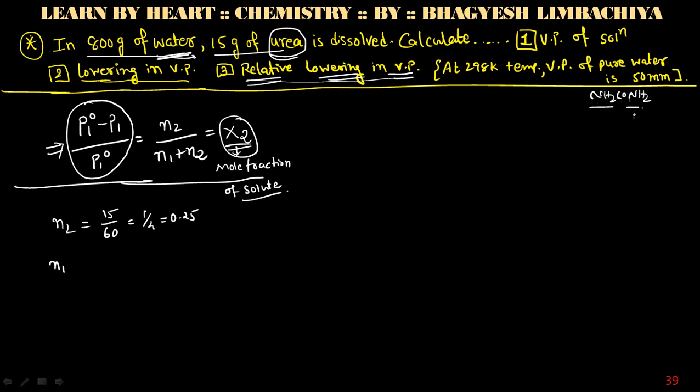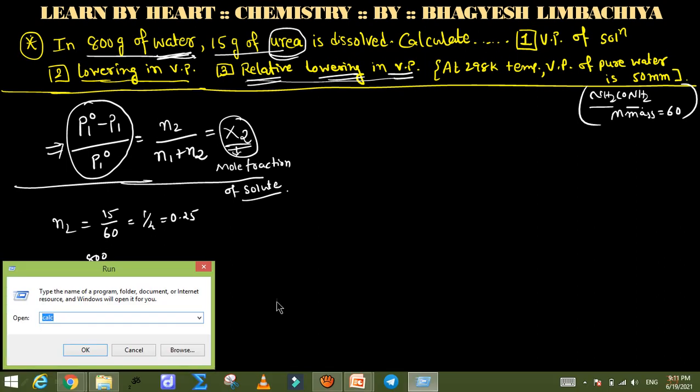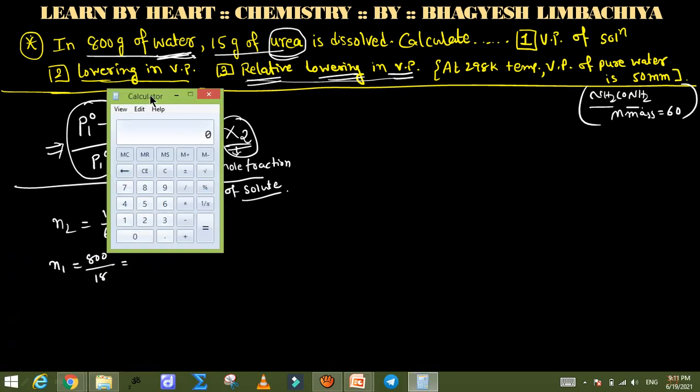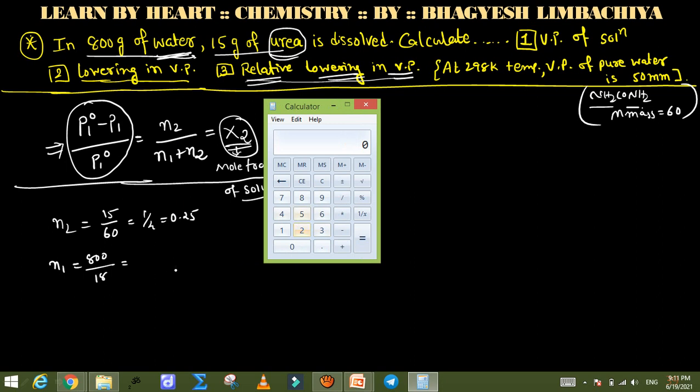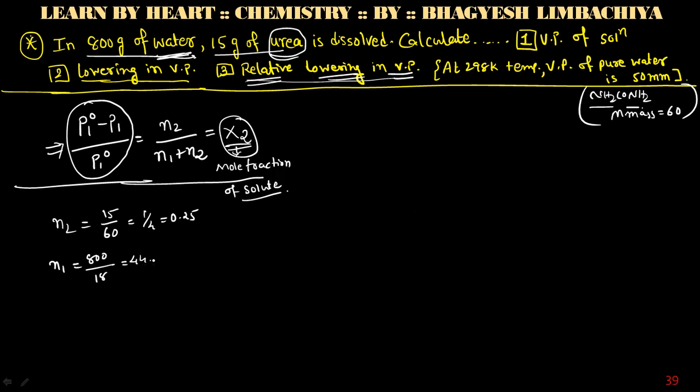It is aminomethanamide, and its molecular mass will be given to you, it is 60. And N1 is 800 by 18, so it is 44.44.